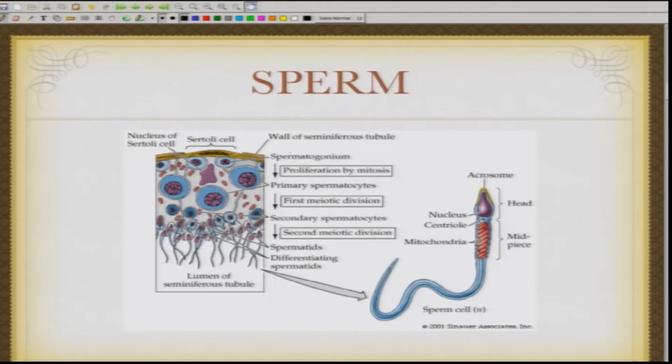So these are the spermatogonia, which are the master cells, and you have the Sertoli cell surrounding them. They proliferate by mitosis. They form primary spermatocytes, which go through the first meiotic division.